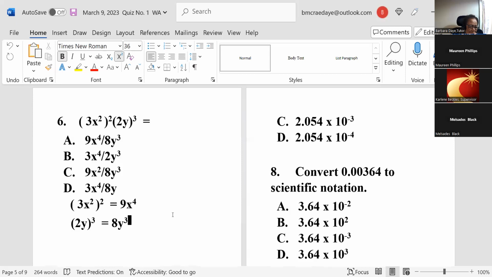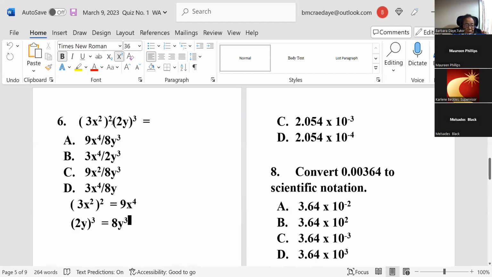I just realized I have an error here. Because this is a multiplication, it really should have been the slash here. Just take the slash out. But I gave you credit for the A because I had a slash in here and then somehow I took it out. The answer would be 9x to the fourth times 8y to the third.